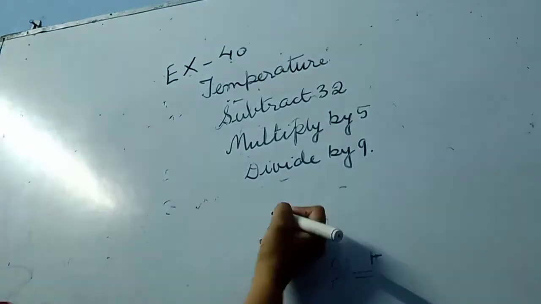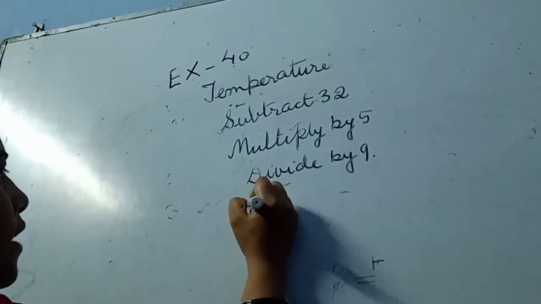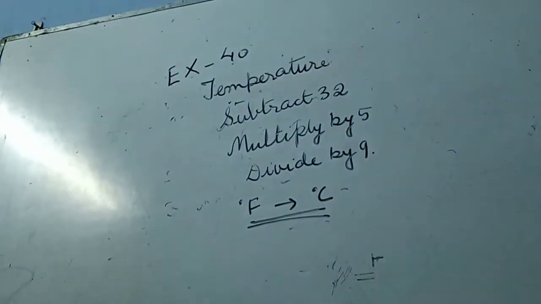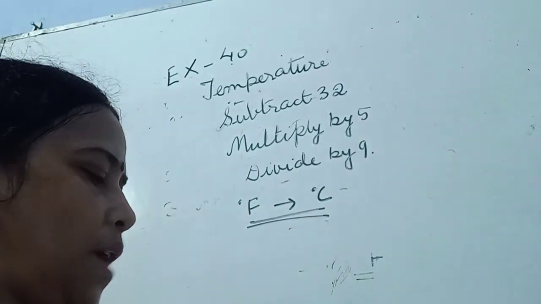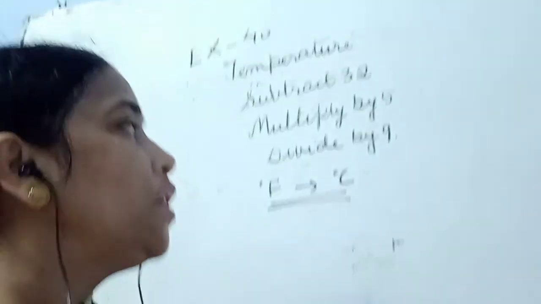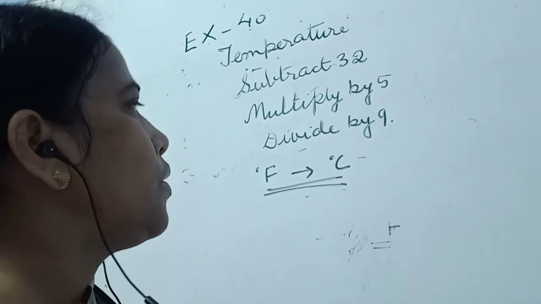You have to follow this step to convert degree Fahrenheit to degree Celsius. Follow these steps and convert 167 degree Fahrenheit to degree Celsius. You are going to get the answer.